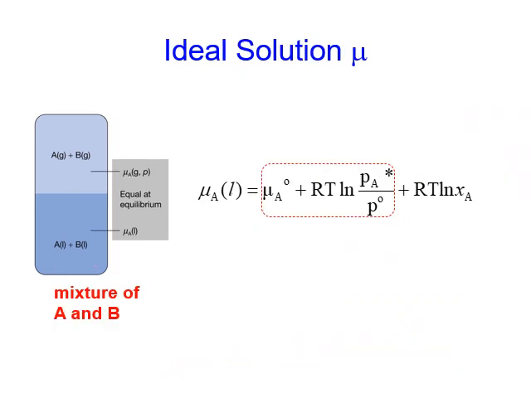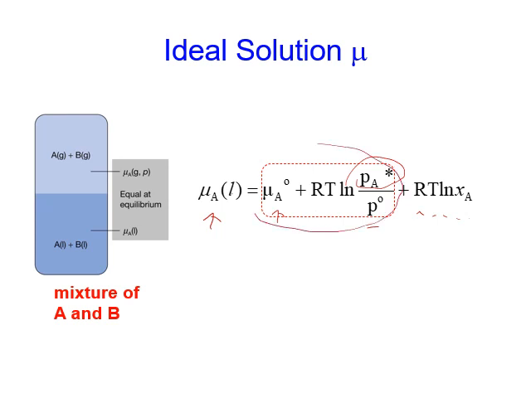From last slide, we showed that in a mixture of solution, the chemical potential of A equals the standard state A in the gas phase chemical potential plus RT ln vapor pressure of A when it's pure divided by 1 bar plus RT ln XA.